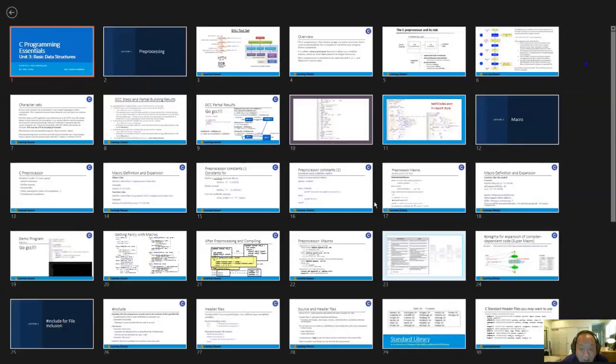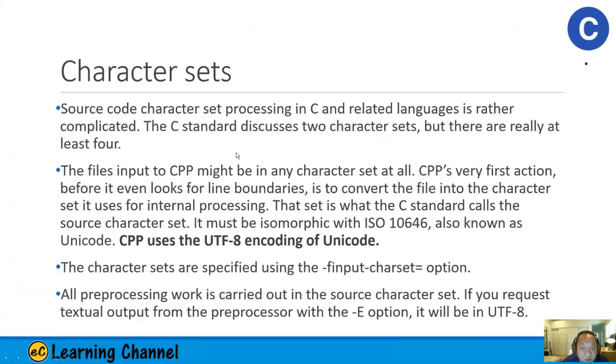Yeah. So why does it say the macro needs to deal with different character sets? That's because some people may be writing the CPP program in Chinese or something. So you can specify your input character set with -finput-charset, the file input character set, with some option.